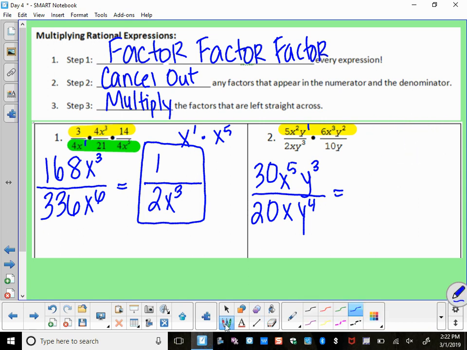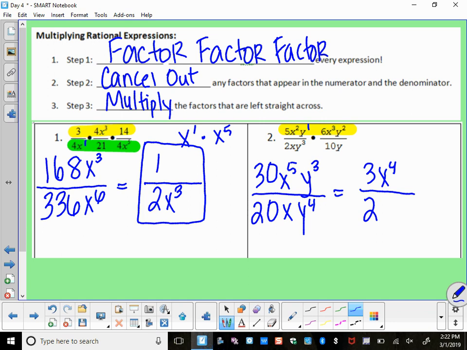When I simplify, what's 30 divided by 20? 3 over 2. I have x to the 5th divided by x to the 1st. So I subtract my exponent. That's 5 minus 1? That'll be 4. Will that go on the top or the bottom? Top. So we have x to the 4th.